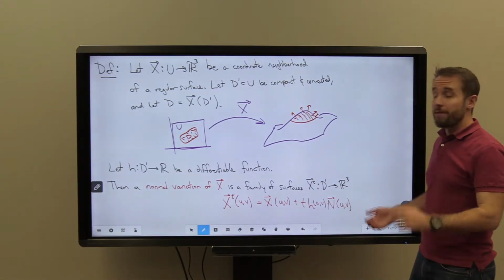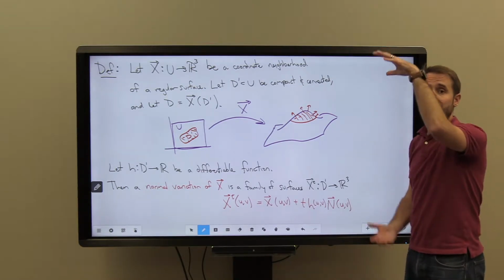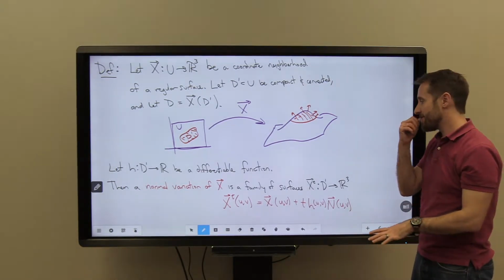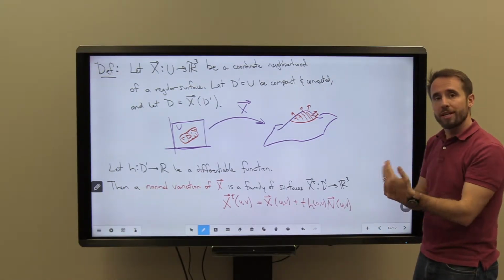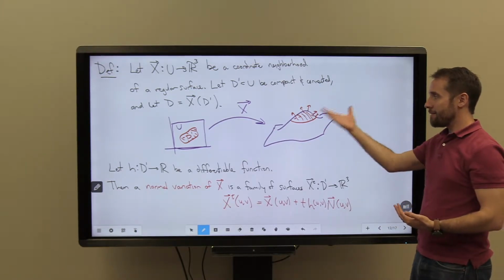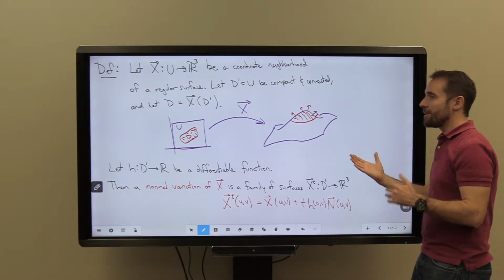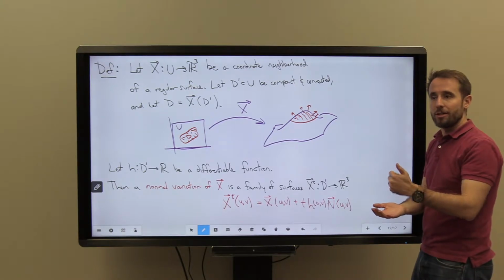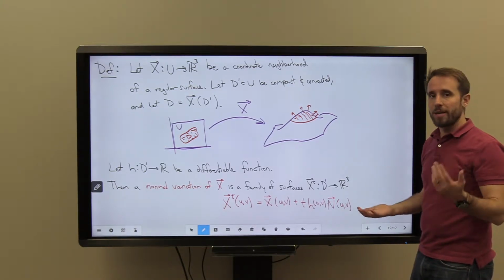and I can measure my variation h, which might be bigger in some places and smaller in other places. And as I go forward in time, my surface is going to deform in that normal direction according to this variation function h.